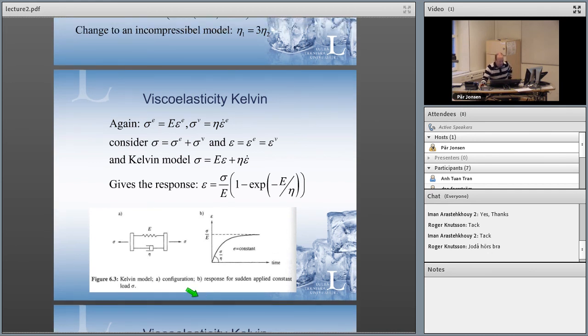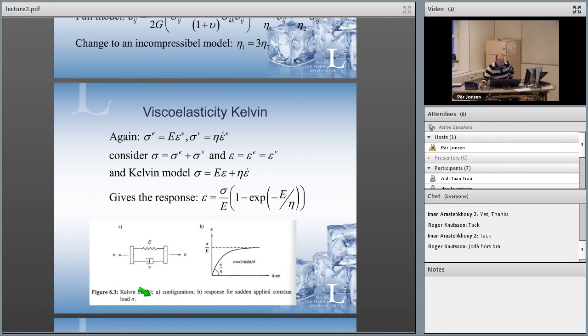And it looks like this. You have an elastic part and a viscous part. But now you consider the stresses split. You have the elastic and the viscous stresses, but here you say that the elastic strains and the viscous strains are exactly the same. And the model looks like this.